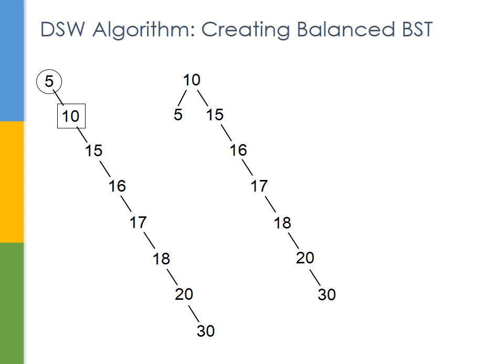So we saw on the first iteration of our while loop that we need to perform 3 rotations. So what this means is we are again starting at the root of our tree and rotating every second node. So we rotate 15 about 10, we rotate 17 about 16, and then we finally rotate 20 about 18.